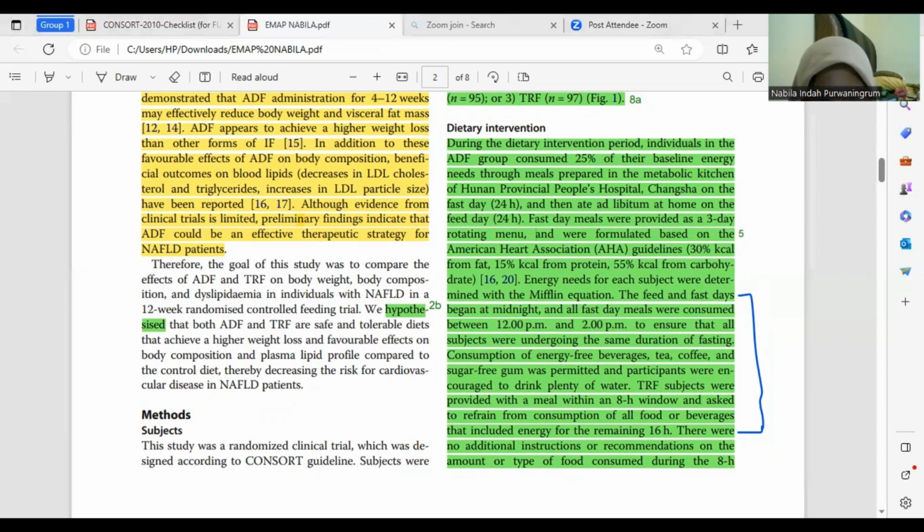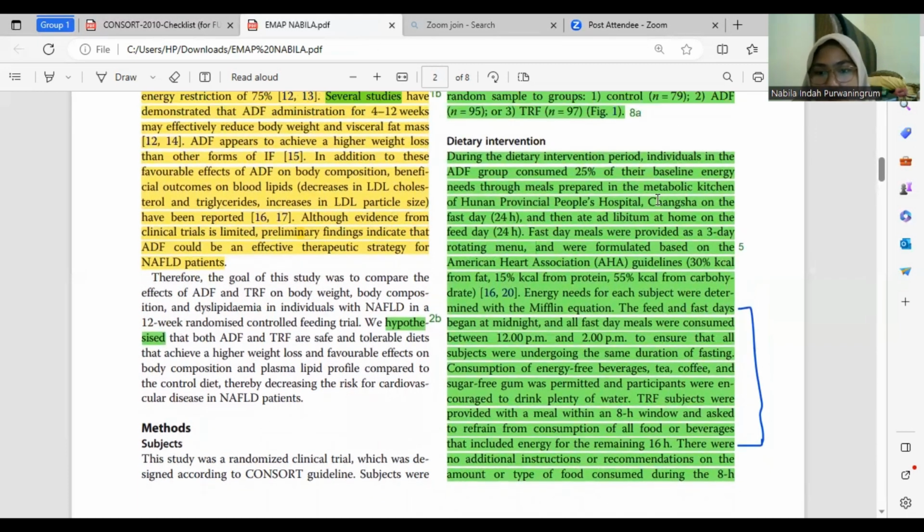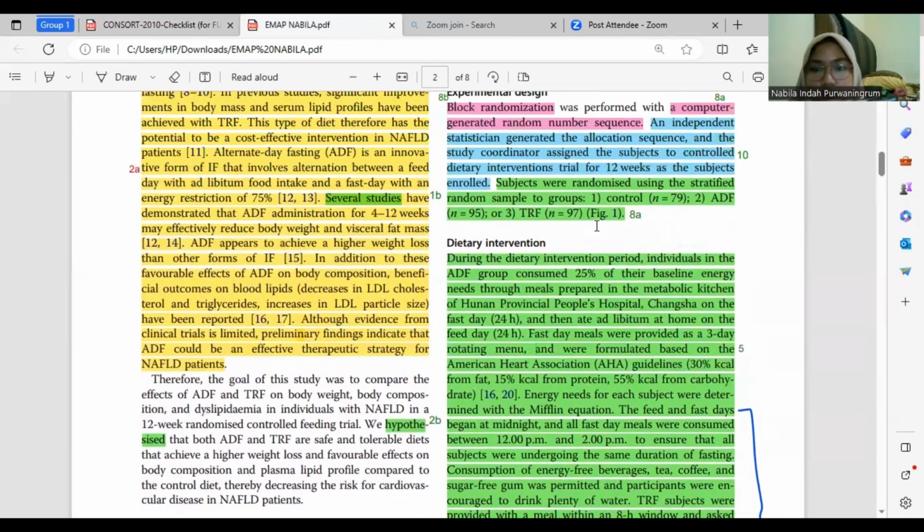The authors should describe each intervention thoroughly, including a control intervention. Also, the description should allow a clinician wanting to use the intervention to know exactly how to administer the intervention that was evaluated in the trial. So we are going to see it here. This is the intervention that is given to the participant by the clinician.